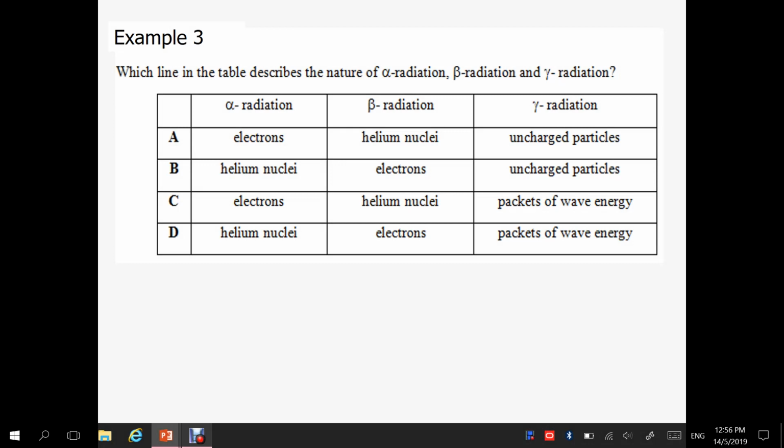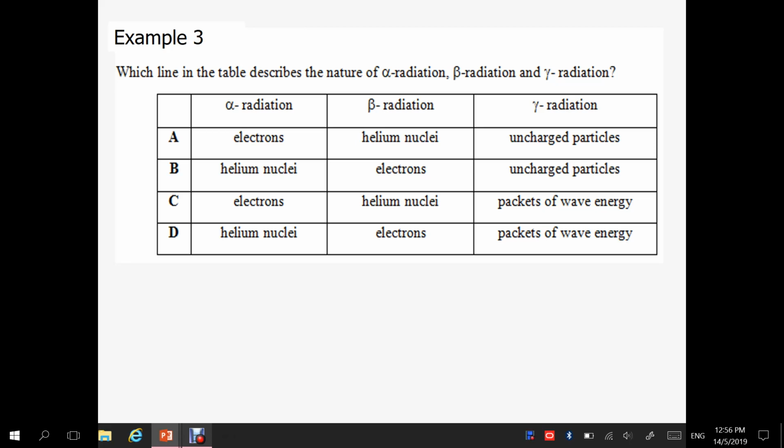Okay, now we look at example 3. Which line in the table describes the nature of alpha radiation, beta radiation, and gamma radiation? Just now we mentioned alpha particles are helium nuclei.